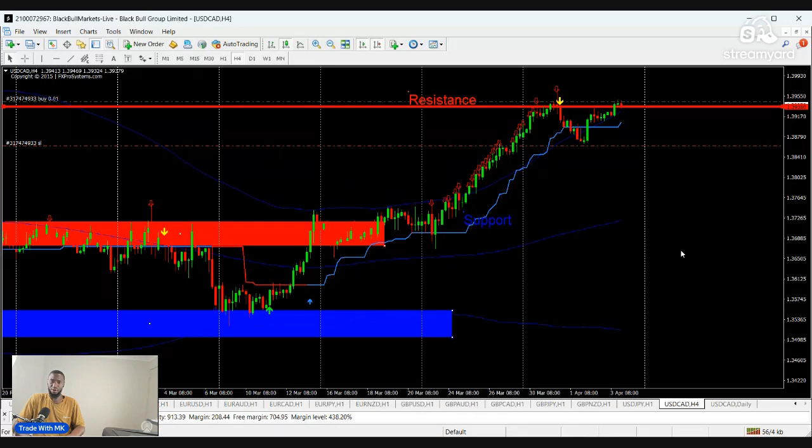If you trade on the hourly time frame, have confirmation with the 4 hour time frame before you place the trade on the hourly time frame. If you are on a 4 hour time frame, make sure you have confirmation on your daily time frame, whether the trend is an uptrend or downtrend. Okay, so that's how it works.